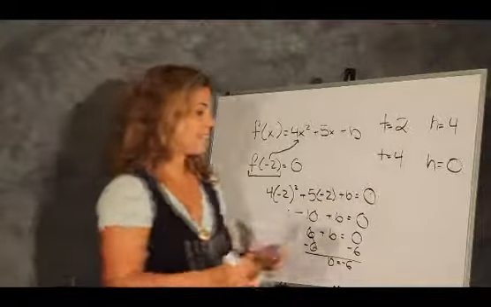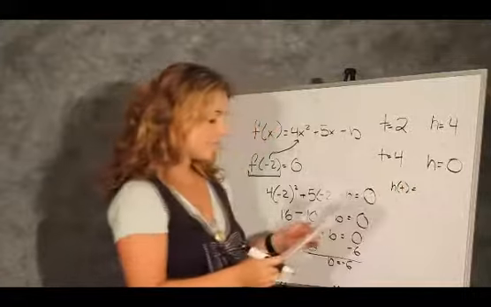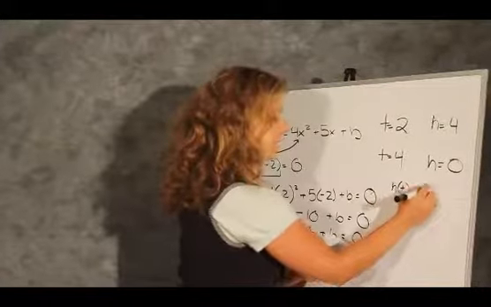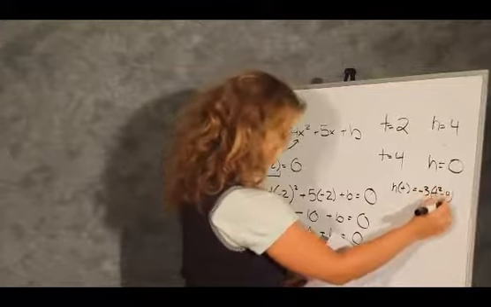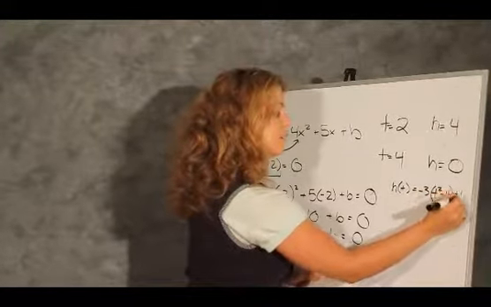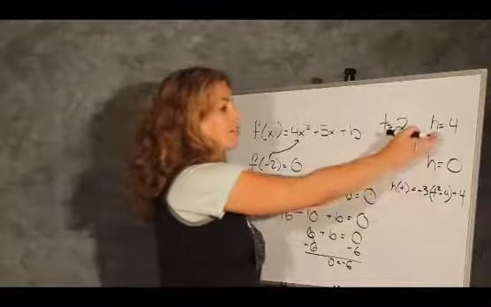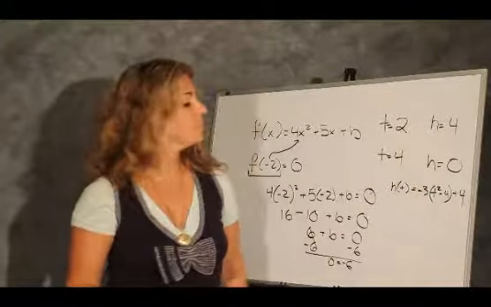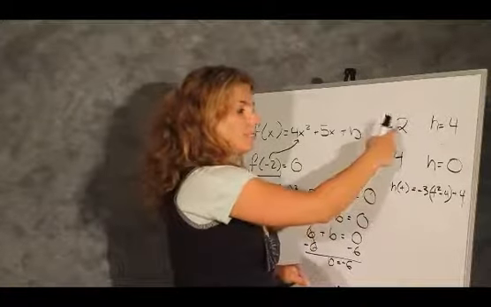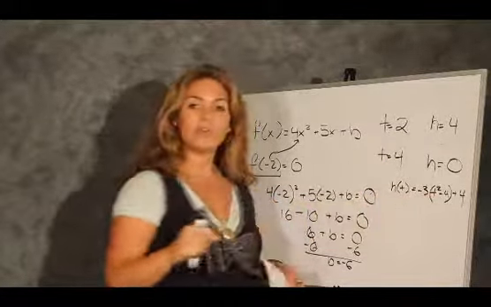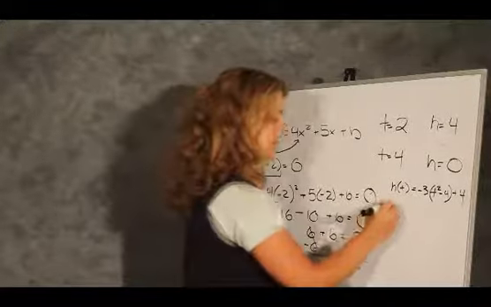So A says h of t equals -3 times t squared minus 4, plus 4. It's probably easier if we just start with that first one. If we put 2 in for t, then that whole equation has to equal 4.